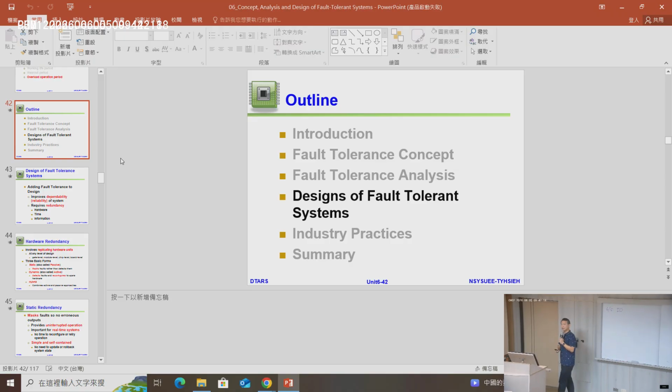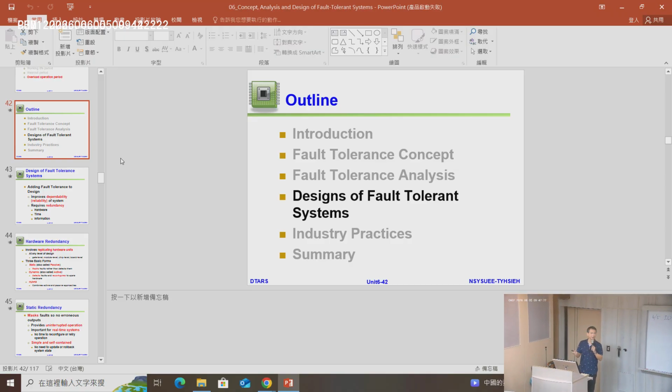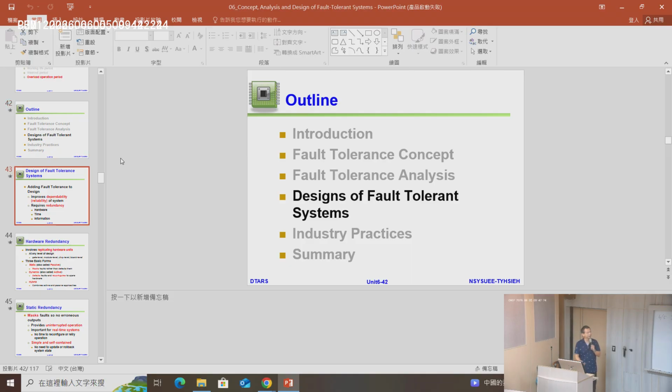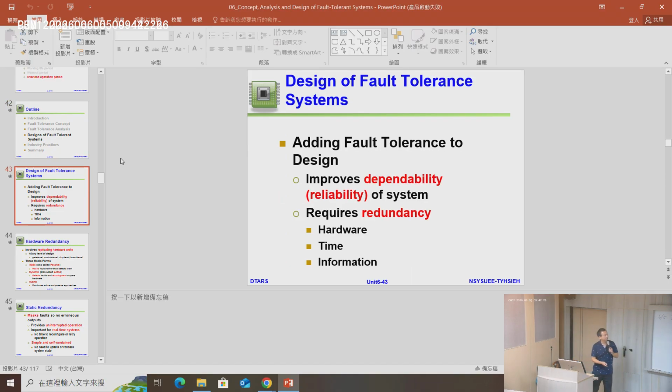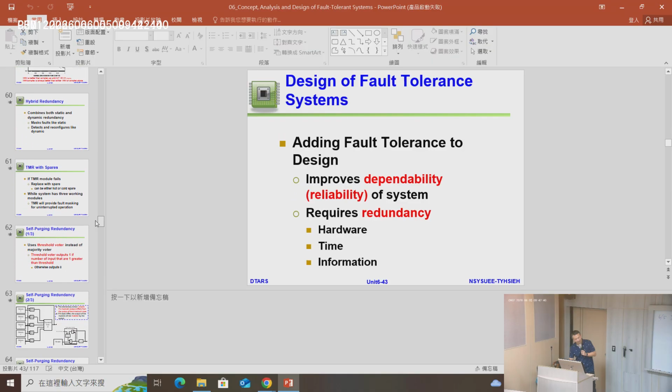The key parts are the idea, the operational flow, and some example architectures. Remember that we have three types of redundancy methods: hardware, time, and information, and also remember their basic ideas. In this part, we will keep introducing some examples to let you know more specifically how we can implement these different methods.